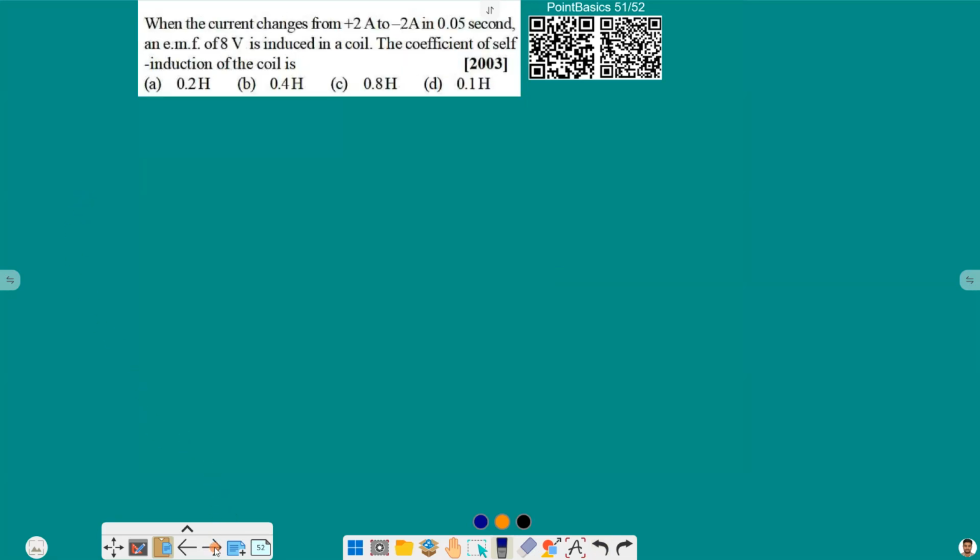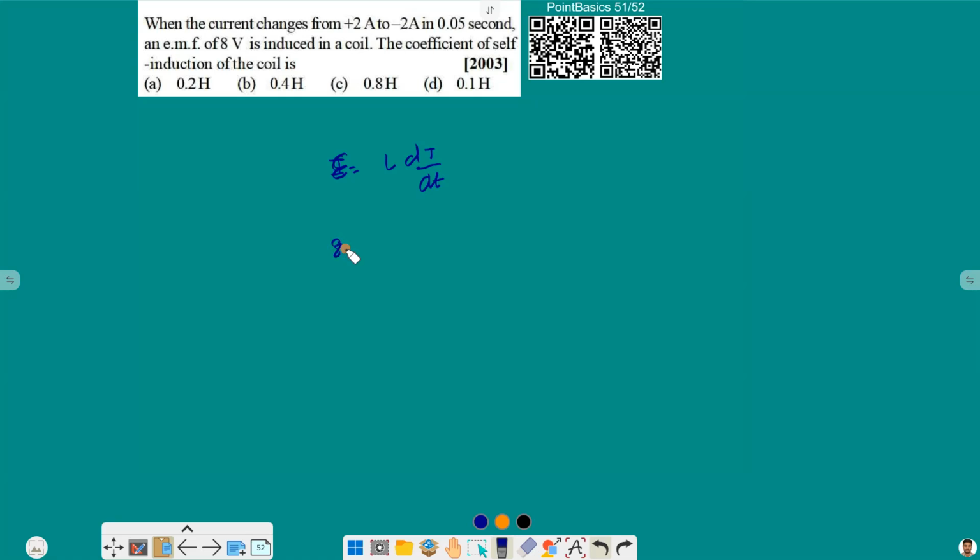Next one. When the current changes from plus 2 to minus 2 in 0.05 second, EMF is 8 volt. So we have to find the coefficient of self-inductance, L, and we know that E is equal to L di by dt.